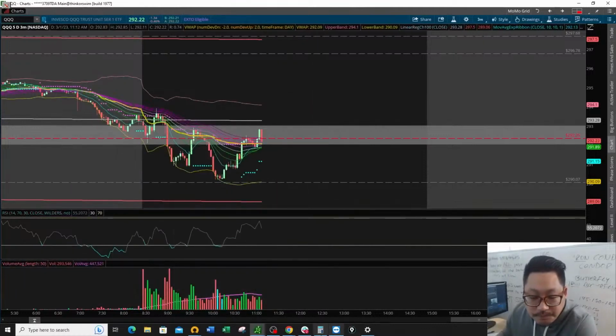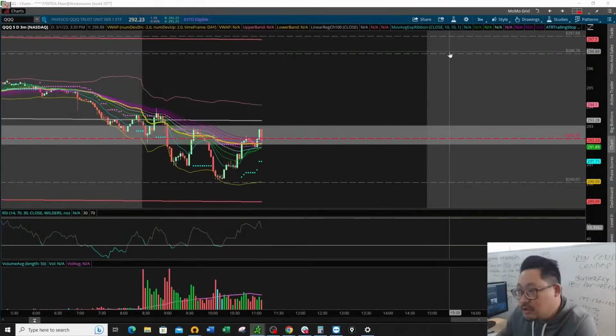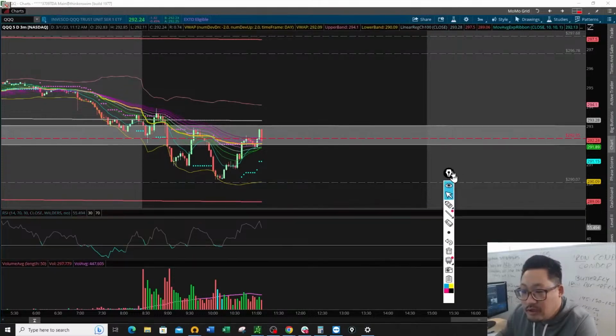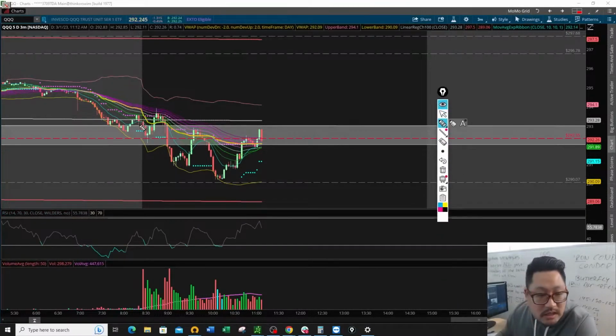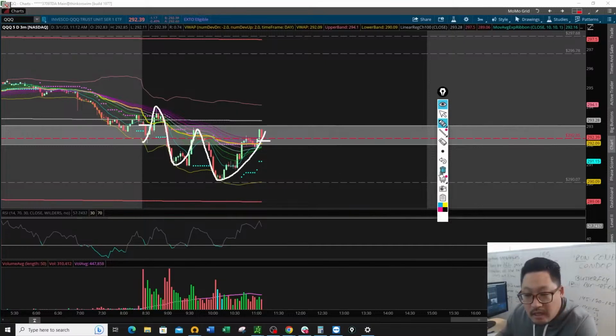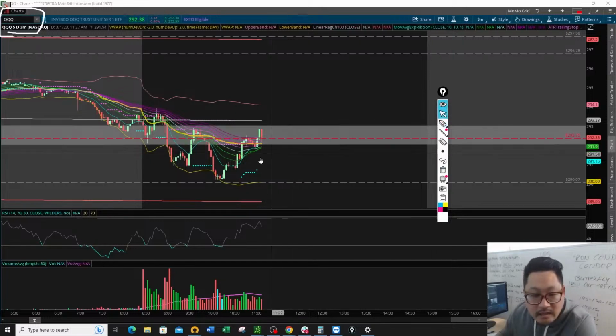Excuse me on that one. In turn, if we see the totality of that price move, we had opened here and we're currently here. It's not that big of a difference, but throughout the day, there have been big ebbs and flows in price movement. Right now we're looking at the QQQ, which is the ETF of the NASDAQ.